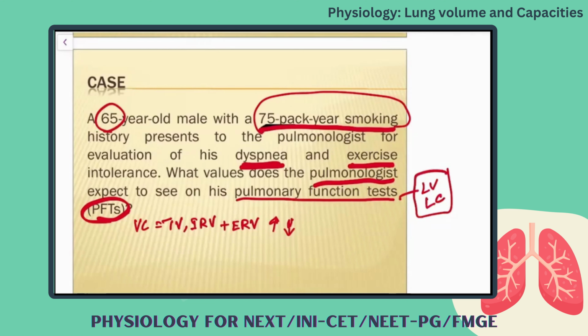If the person is 65 years old and has a smoking history of 75 pack-years, he might have been smoking from the adulthood period. So there is an excessive amount of damage already present in the pulmonary system. That is the reason why, even if the person is not exercising, he may feel dyspnea.